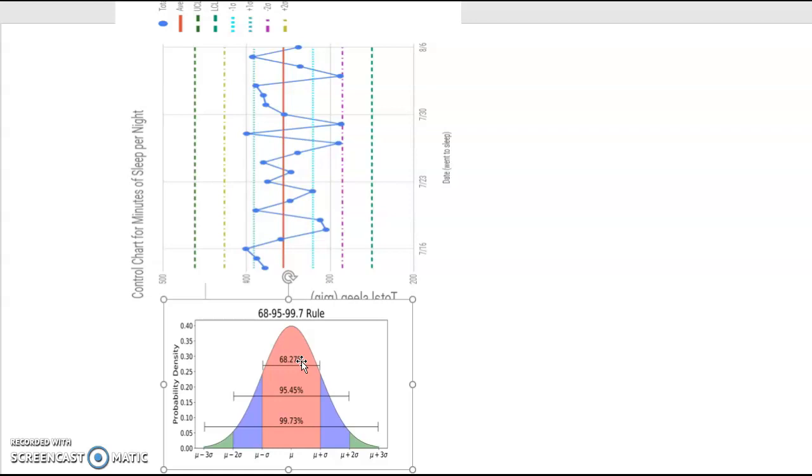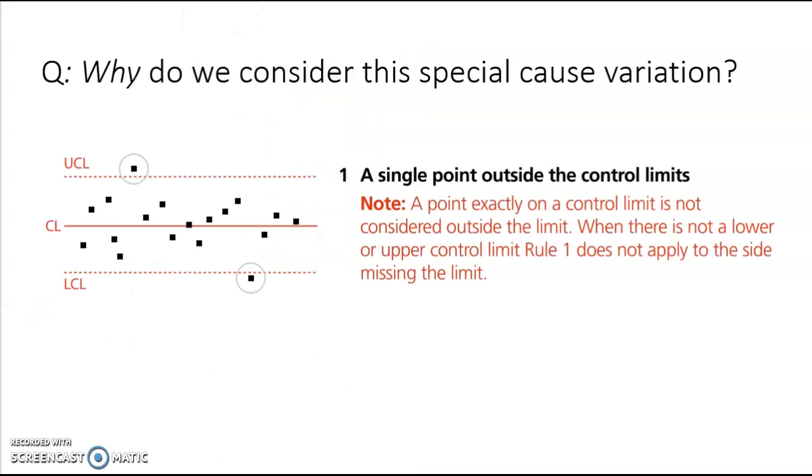And if you have these alarms all the time, when it's really nothing, it's just randomness, that's going to use up a lot of extra resources. So yes, you could use a control chart for a distribution that's not normal, but you'd want to come up with a new set of special rules that are based on that type of distribution.